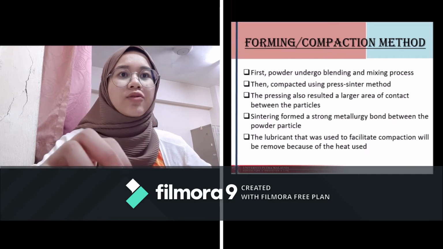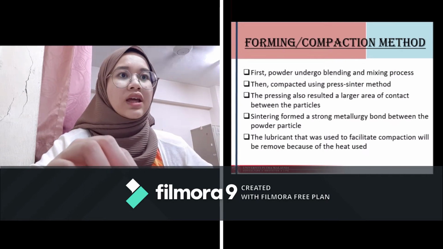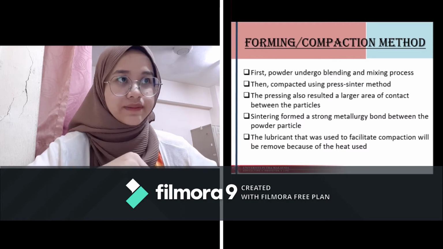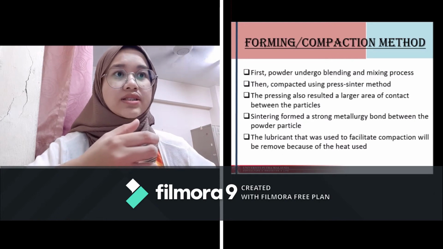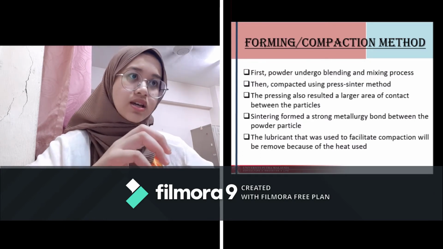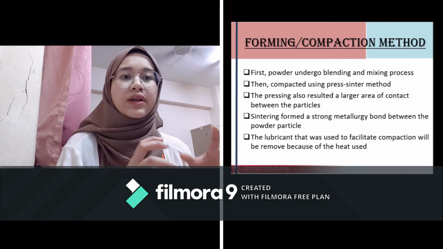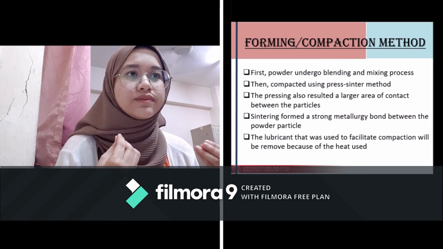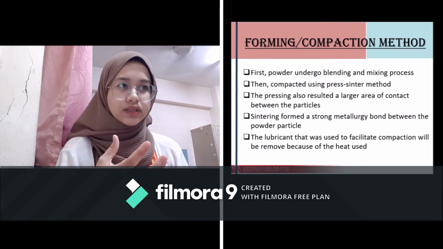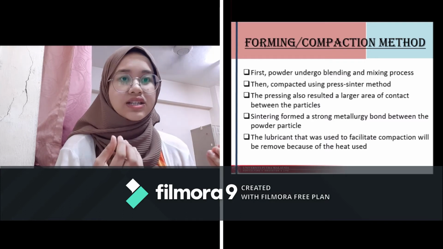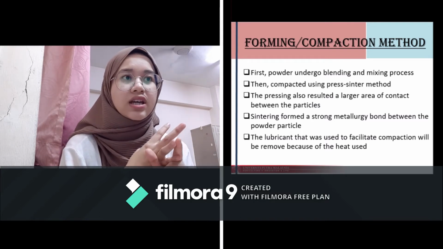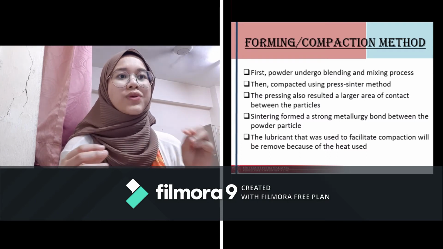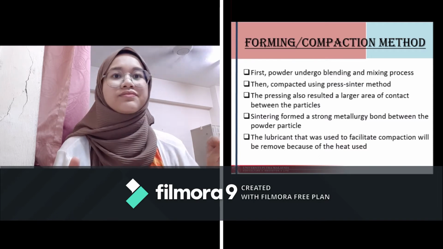Okay, next, the forming and compaction method. The powder is compacted using a press sinter method, and before compacting, the powder undergoes a blending and mixing process, and the raw powdered material is mixed with a lubricant such as graphite and stearic acid to improve its flow characteristic and also the compressibility of the mixture.